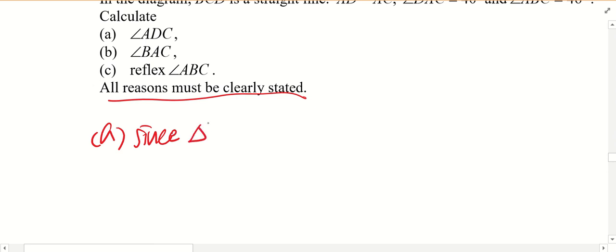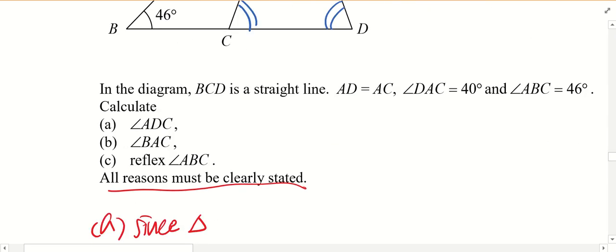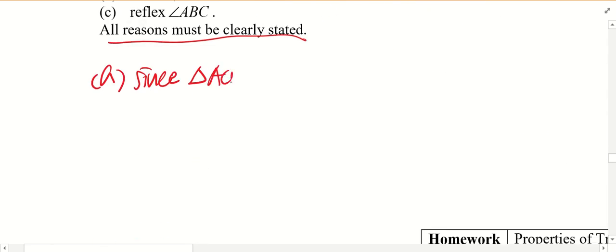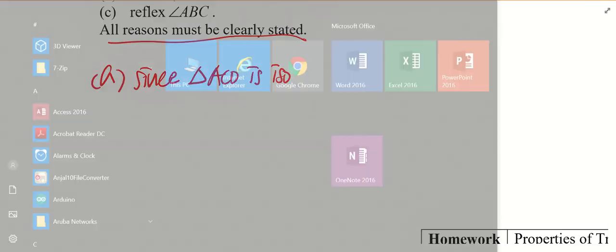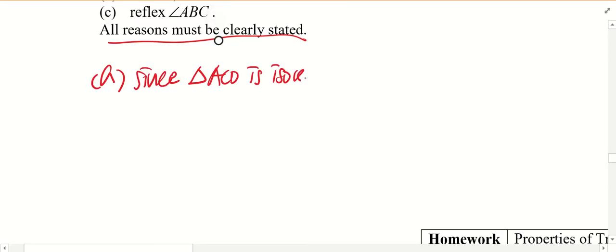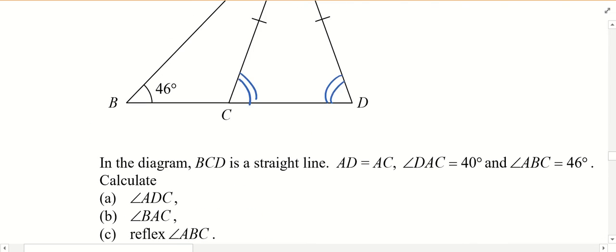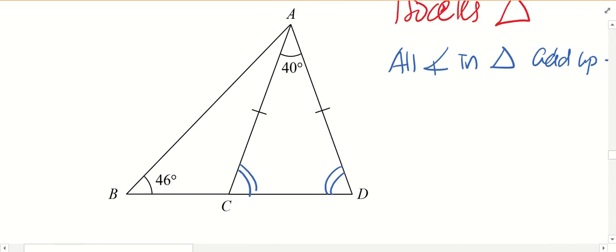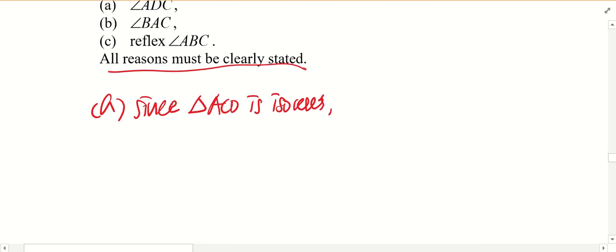Since triangle ACD is isosceles, we know that angle ADC equals angle ACD.